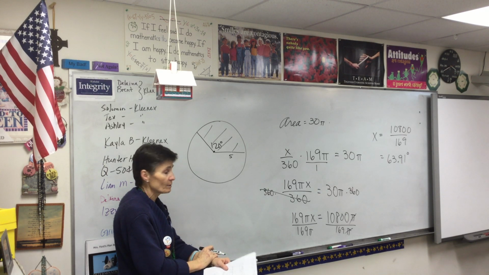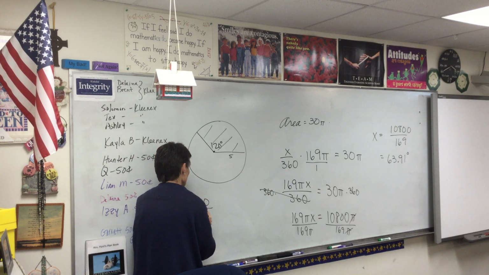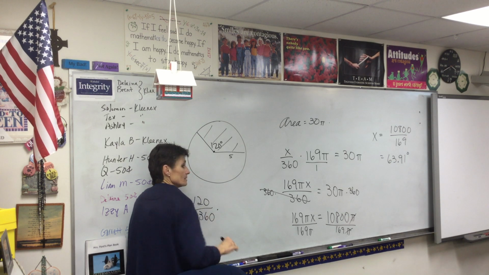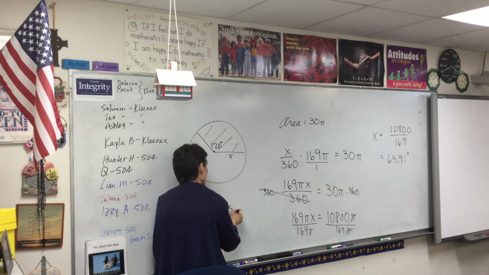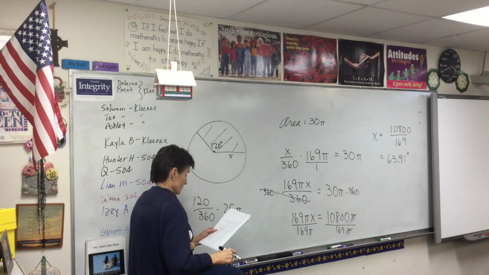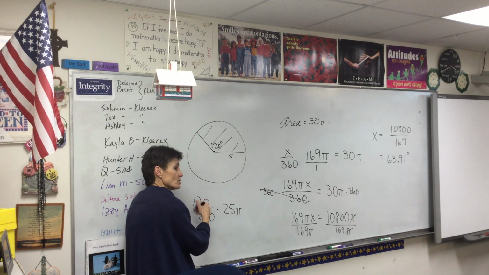What do we do? 120 over 360 times 25 pi. Pi r squared, and it was 5. So does this reduce? We did that one decimally, let's do this one exactly.